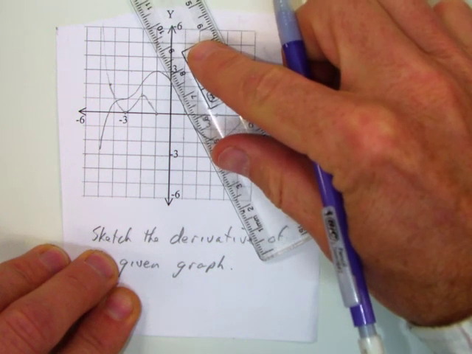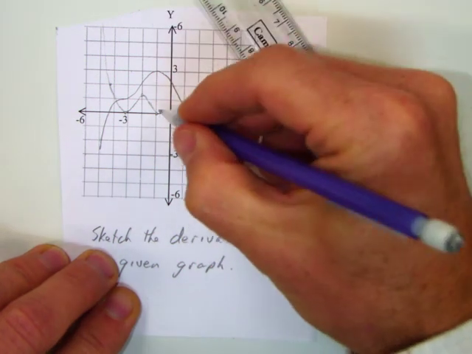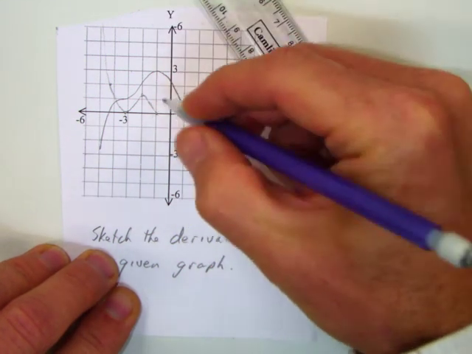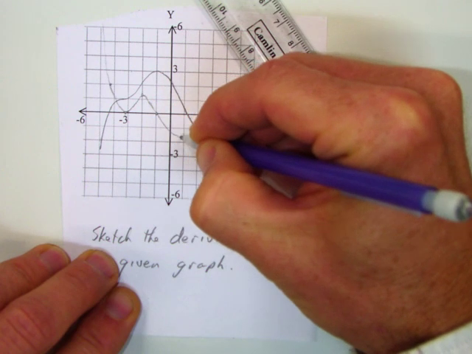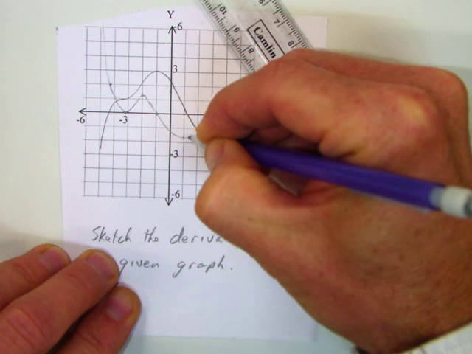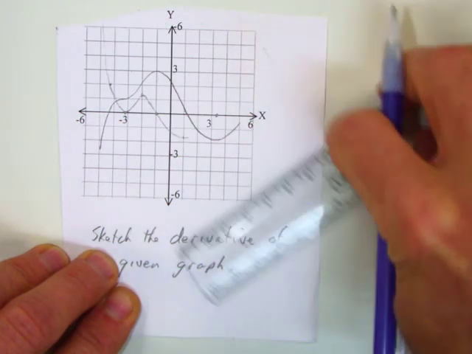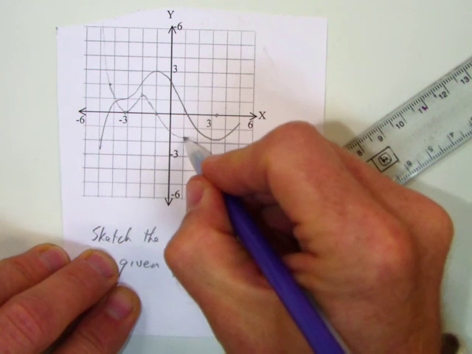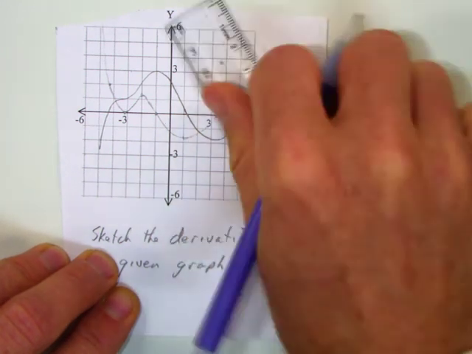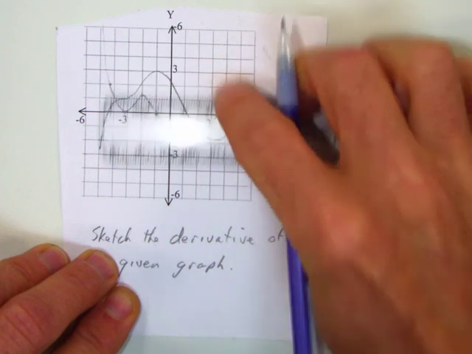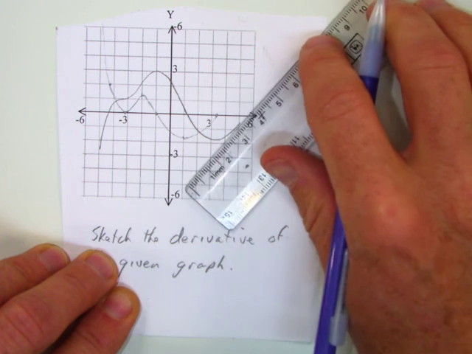That vicinity looks almost horizontal, so it's going to be coming pretty flat in that area. And then it starts less steep until it gets back to that horizontal tangent line again. And from there it's going to start getting steeper again.